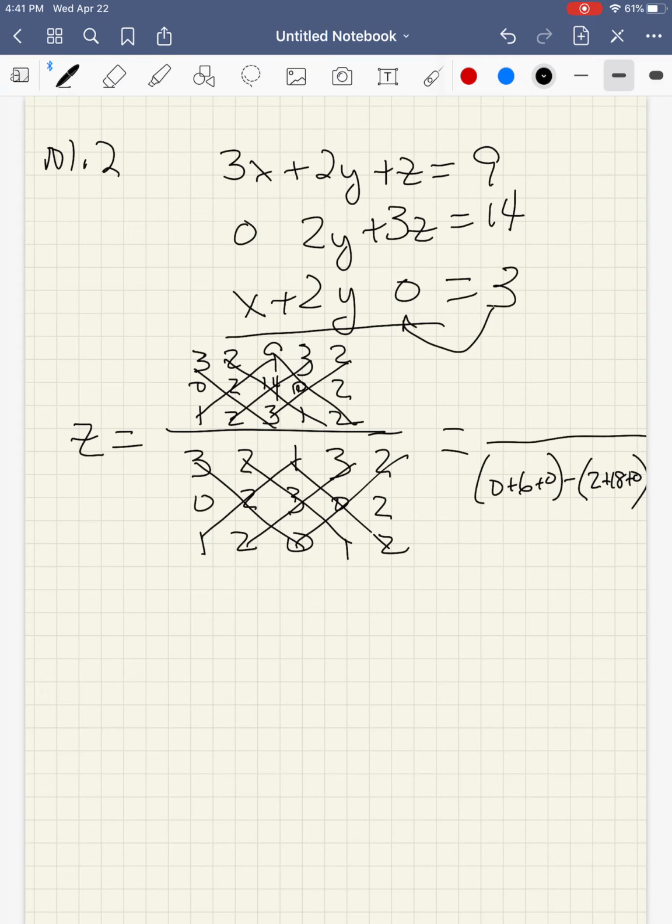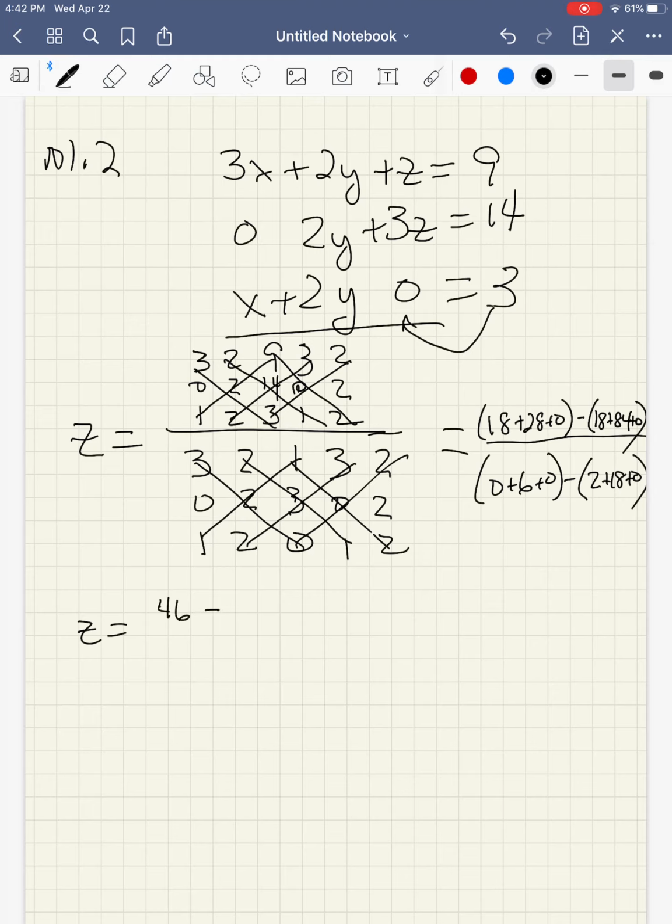Okay, so down will be 6 times 3 is 18 plus 28 plus 0 minus 18. Let's see, that would be 28 times 3 is 84, and it's positive. And then plus 0.